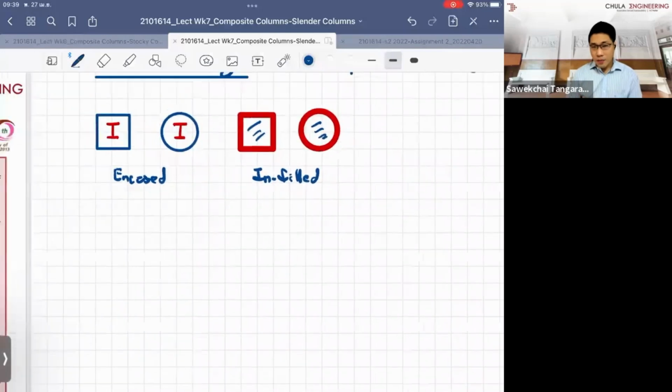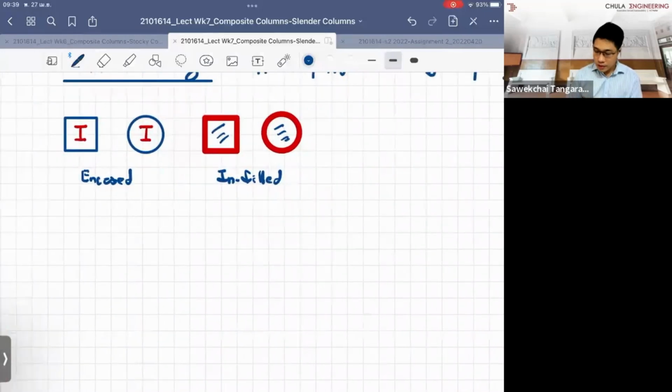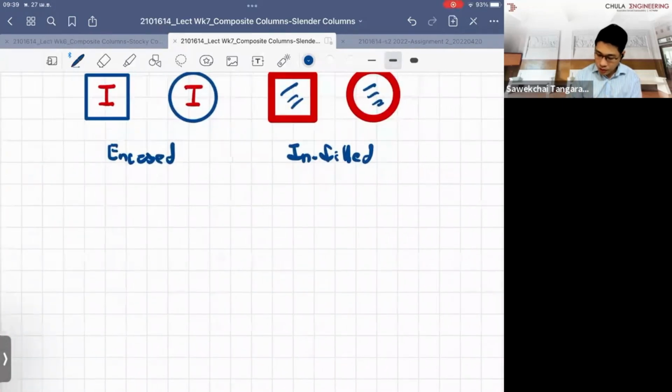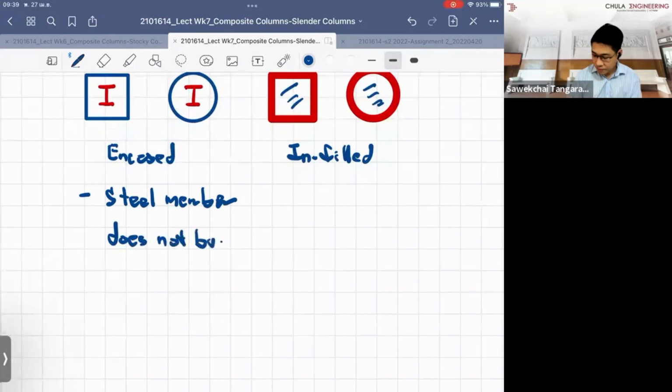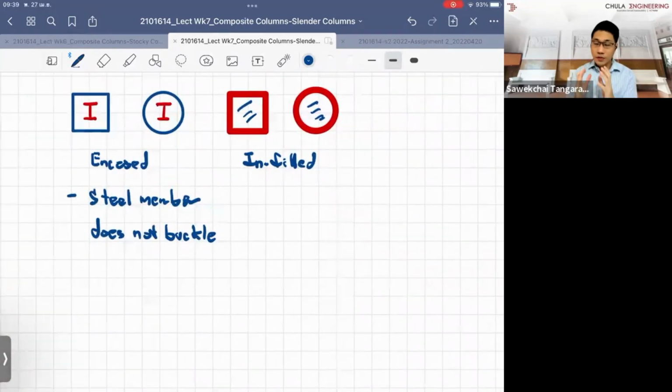The difference in the property of these two types of column, let me list it down. In this one, the steel member doesn't buckle, because the section of the steel has been enveloped by the concrete, so it prevents the buckling.